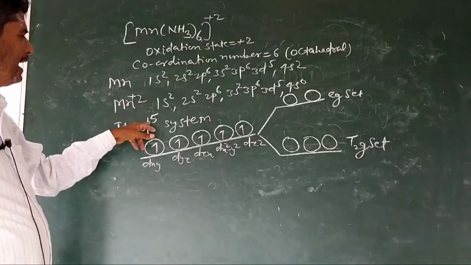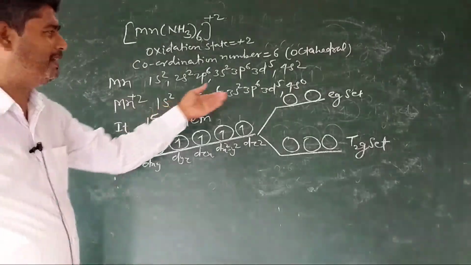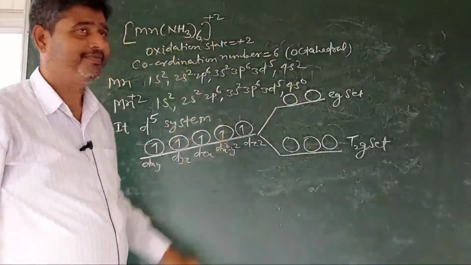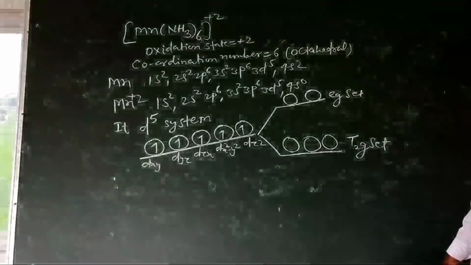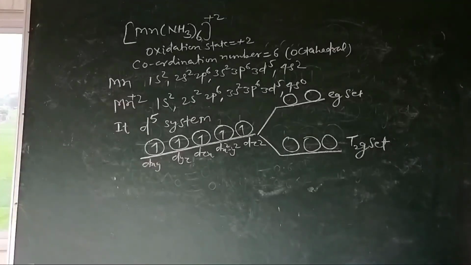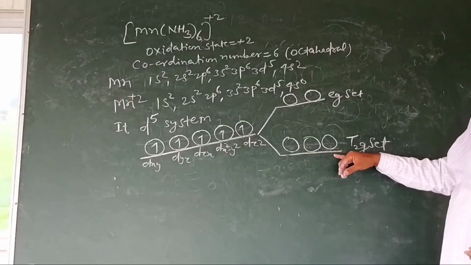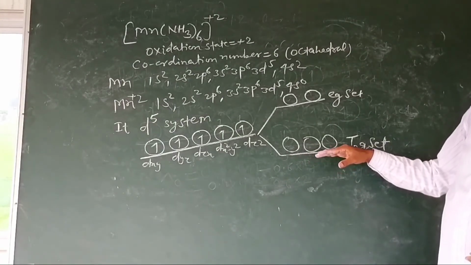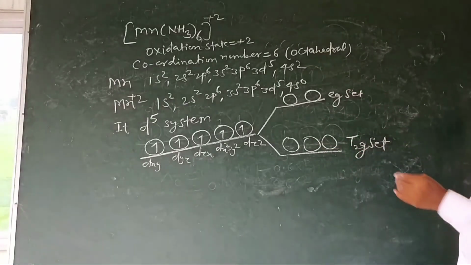Now the 5 electrons will be further distributed in t2g and eg. First of all, electrons will enter the low energy level. The low energy level has 3 degenerate orbitals, so electrons will enter singly with parallel spin, according to Hund's rule.